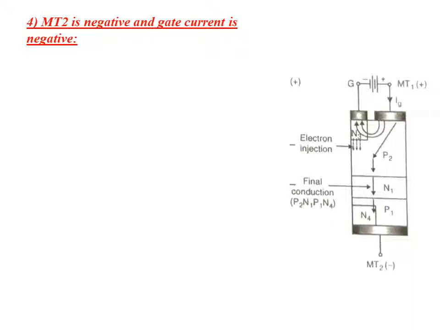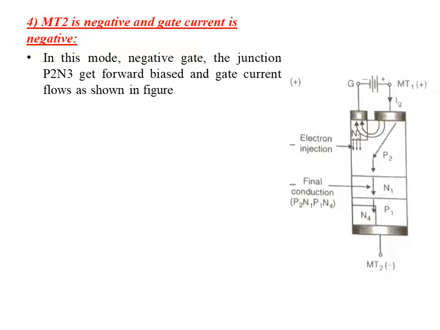Now the fourth mode is when MT2 is negative and gate current is also negative. So in this mode, due to the negative gate, the junction P2 N3 is forward biased and gate current flows as shown in the figure.